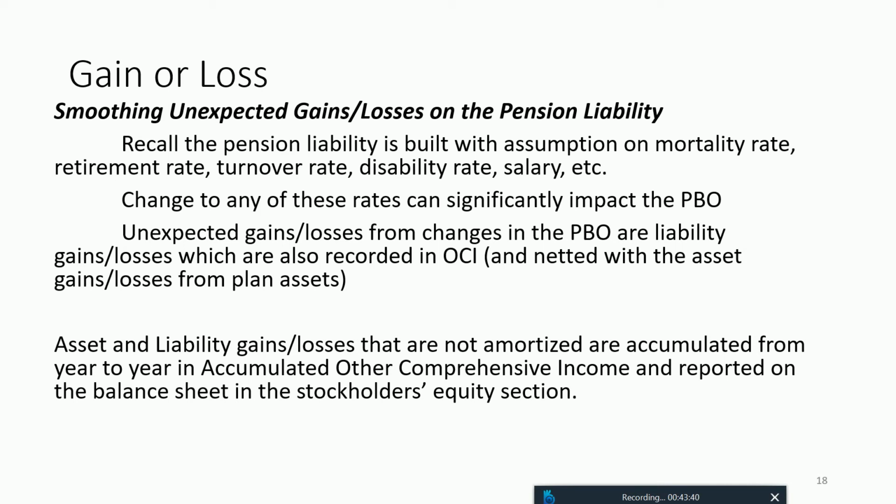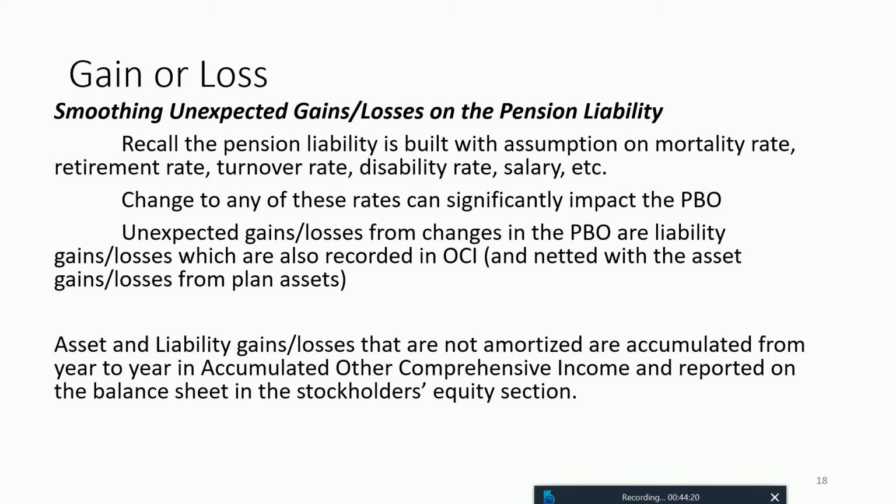If we have these large unexpected gains or losses from changes in the PBO, we also record those into OCI, which can be netted against any asset gains or losses if they work in opposite directions, or obviously they're additive if they work in the same direction. Then we have to look at whether we're going to amortize those unexpected gains and losses out of OCI and into pension expense.